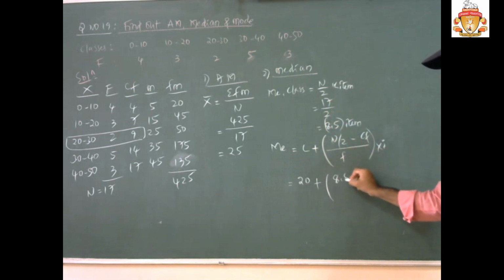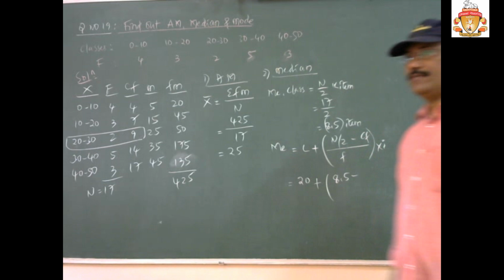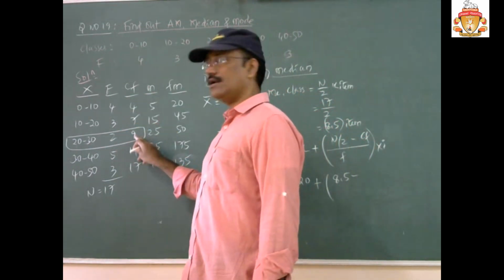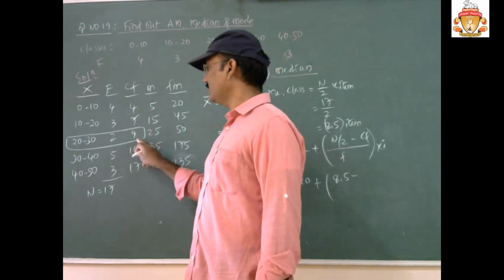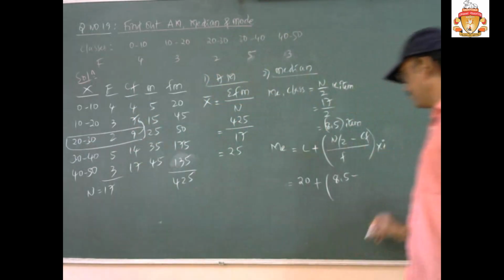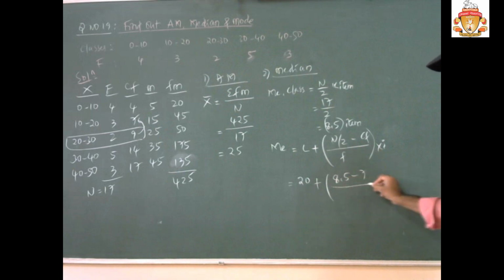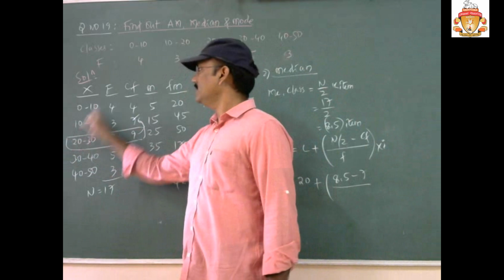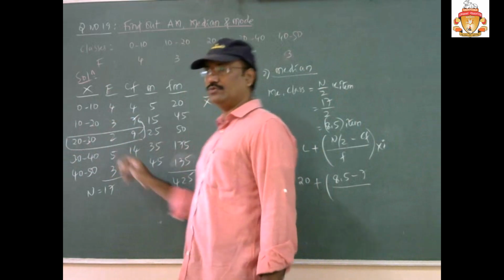Use the same 8.5, minus CF. CF means the cumulative frequency preceding the median class, which is 7. Divided by f, the simple frequency of the median class, which is 2.